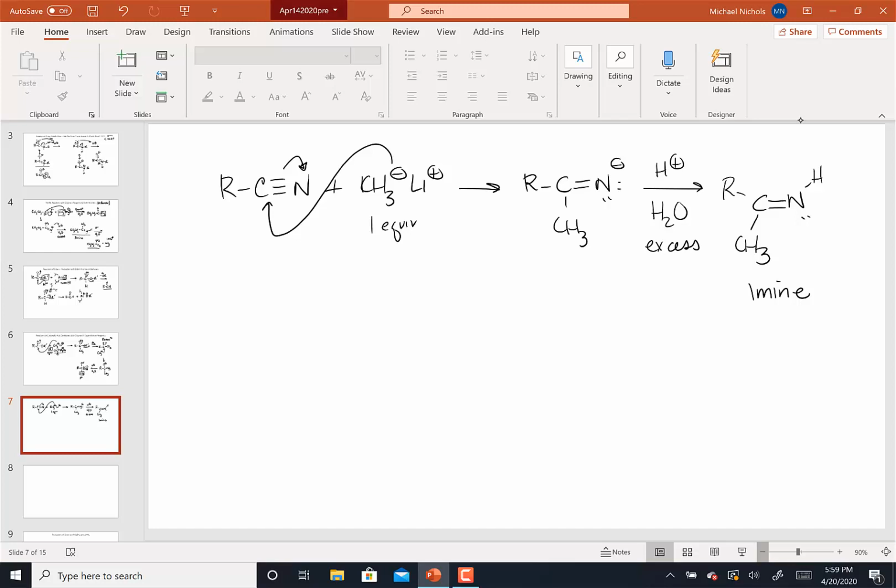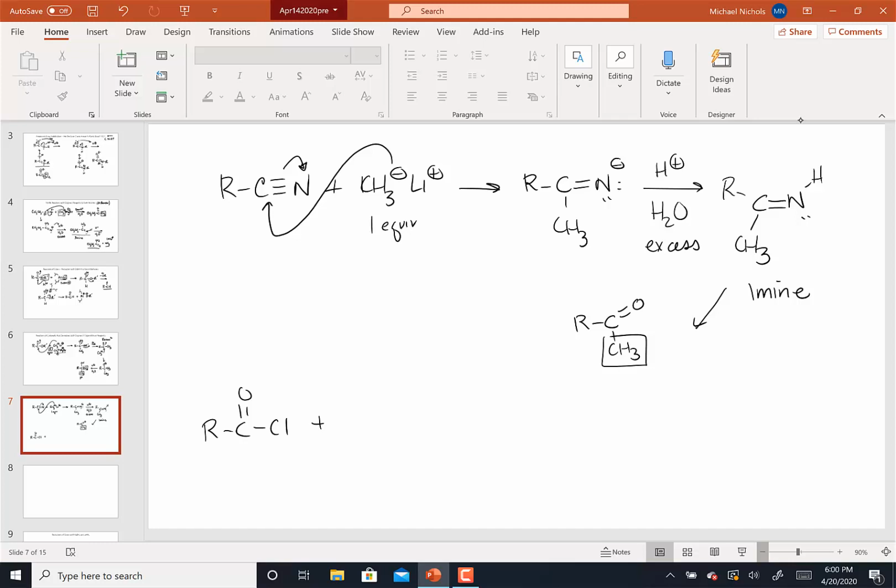It reacts with the excess H plus, H2O, and I end up converting that imine back into the ketone. So in the reaction of nitriles with Grignards, which again is a review reaction, we end up adding the alkyl group of the Grignard to form a ketone. You can only do one equivalent of that. I didn't say about the acid chloride.